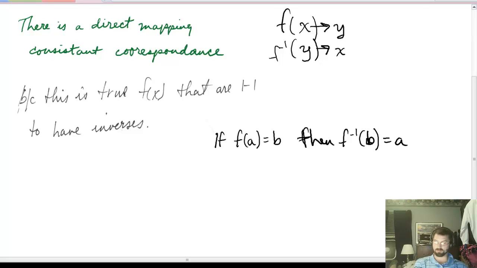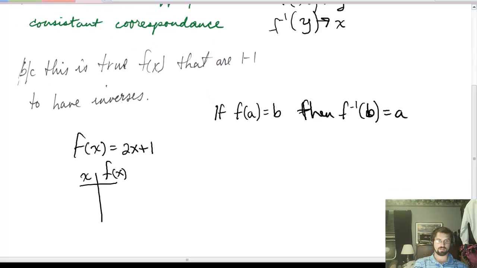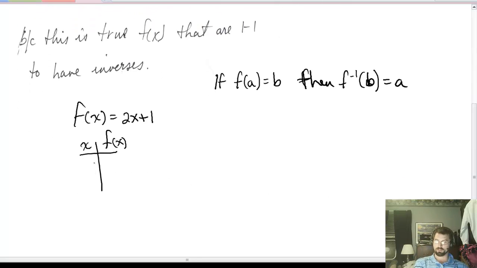Let me give you an example of an inverse. Here's a function, f of x equals 2x plus 1. If I draw a little chart of that, a table, I should say, if you plug in 0, you'll get 1. If you plug in 2, you'll get 5. If you plug in -1, you'll get -1.